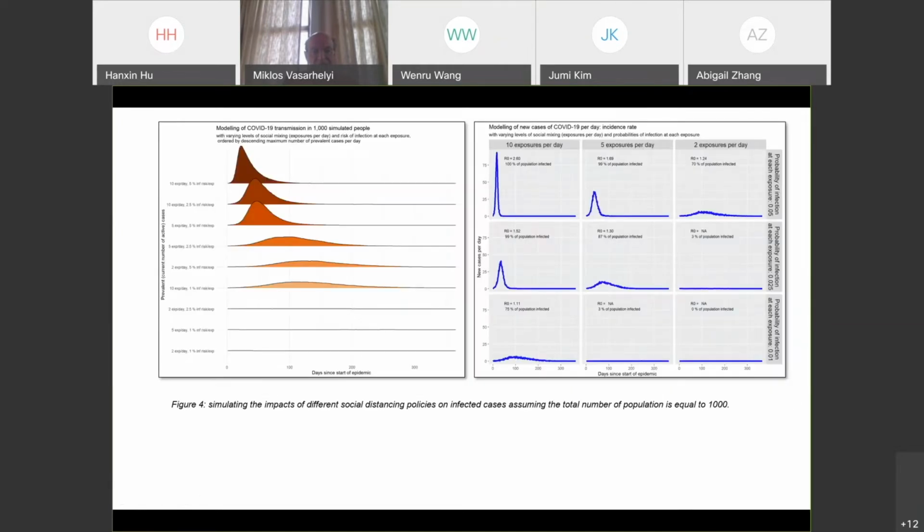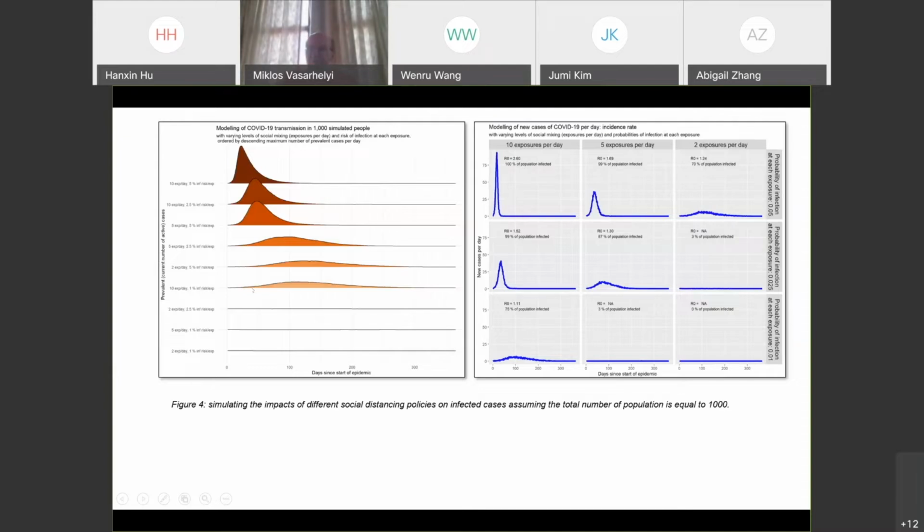Based on the SIR model and assuming the total population is equal to 1,000, we can actually simulate the effects of different social distance policies on infected cases. As you can see in this graph, with different degrees of the infection probability, if we increase the exposures every day, you can see that the curve will be really sharp.